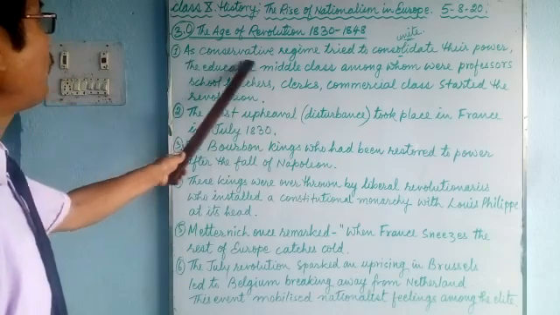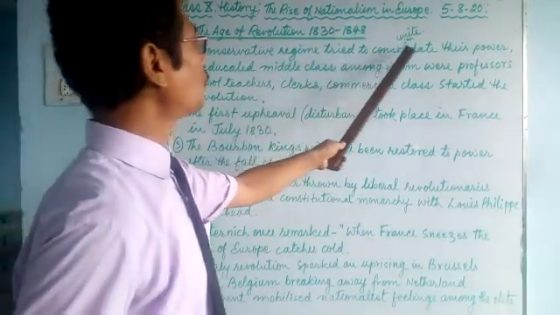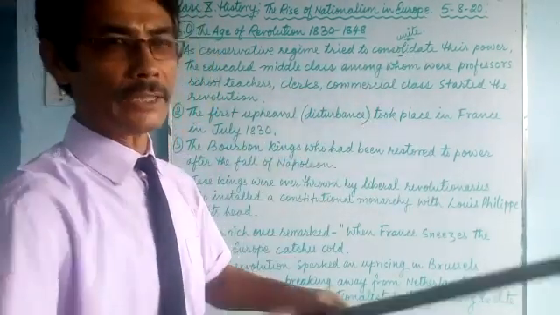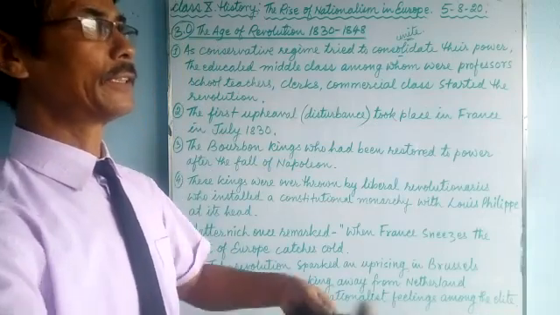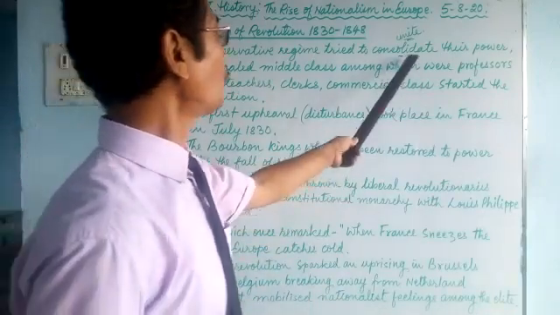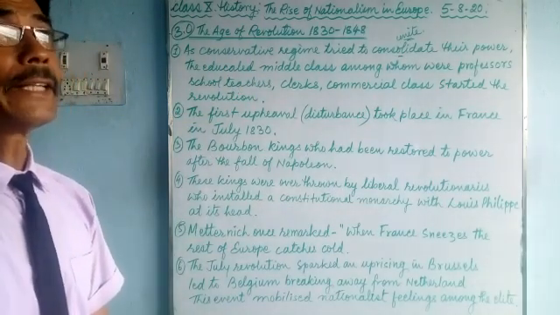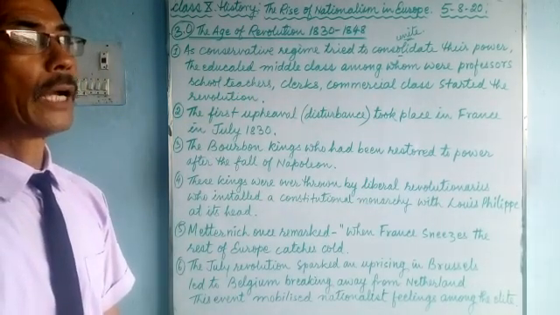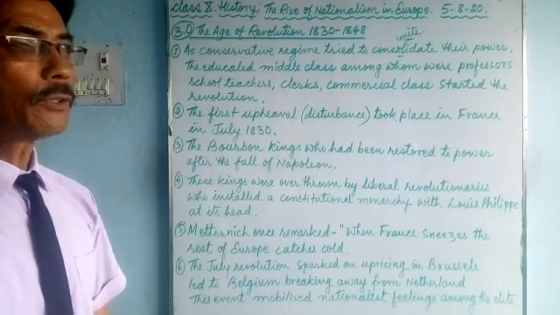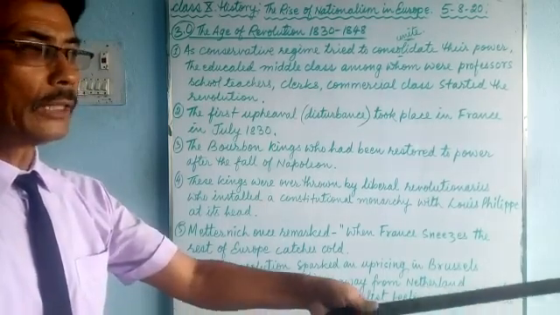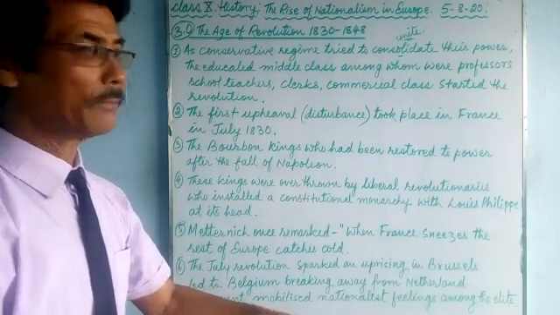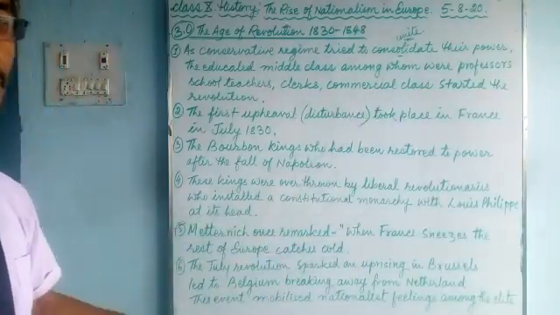Now these conservative regimes tried to consolidate, which means to unite their power, so that if anyone tries to overthrow a king, other kings will support him.